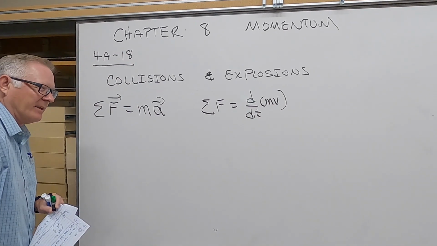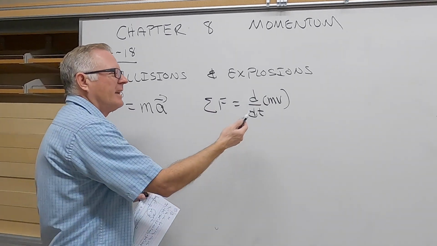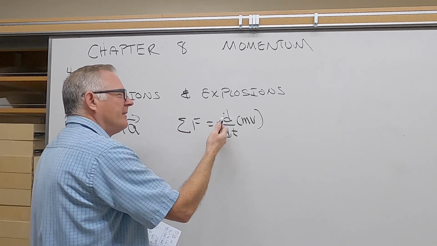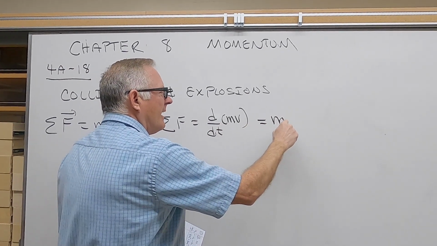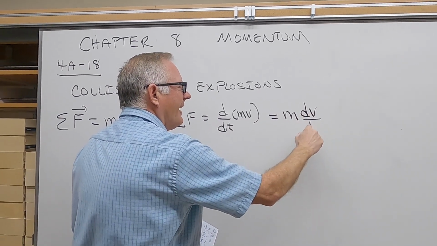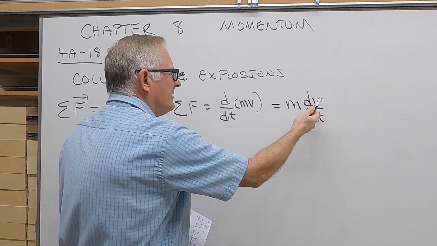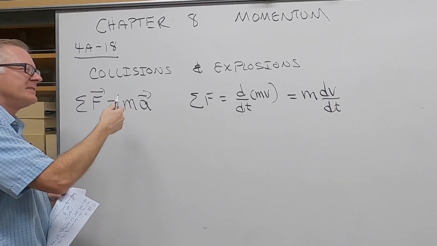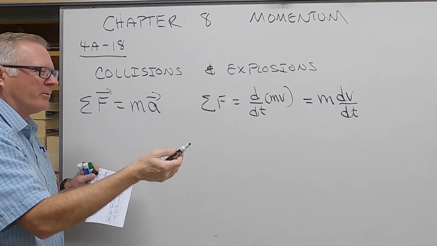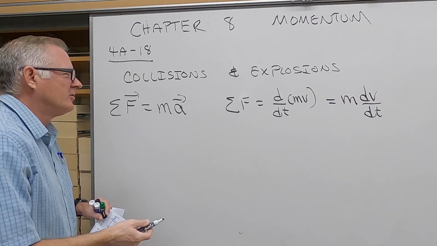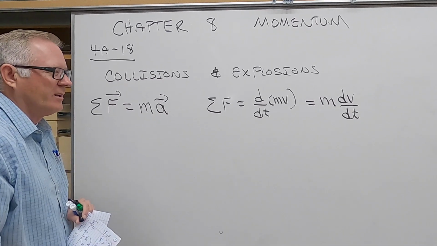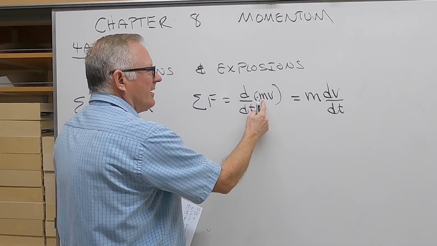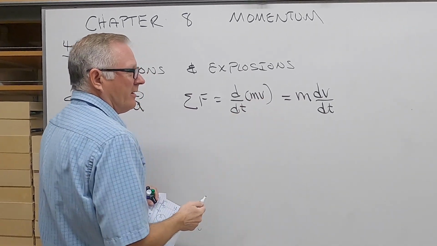And you'll notice, if you are taking the derivative of this, if m is a constant, I can bring it out in front to make it m dv/dt, and dv/dt is acceleration. So this is really only good when the mass is constant. Well, in all of our problems, the mass has been constant, so this has been fine for everything we've done. But if the mass ever varied, then you'd have to take the product rule on this derivative.